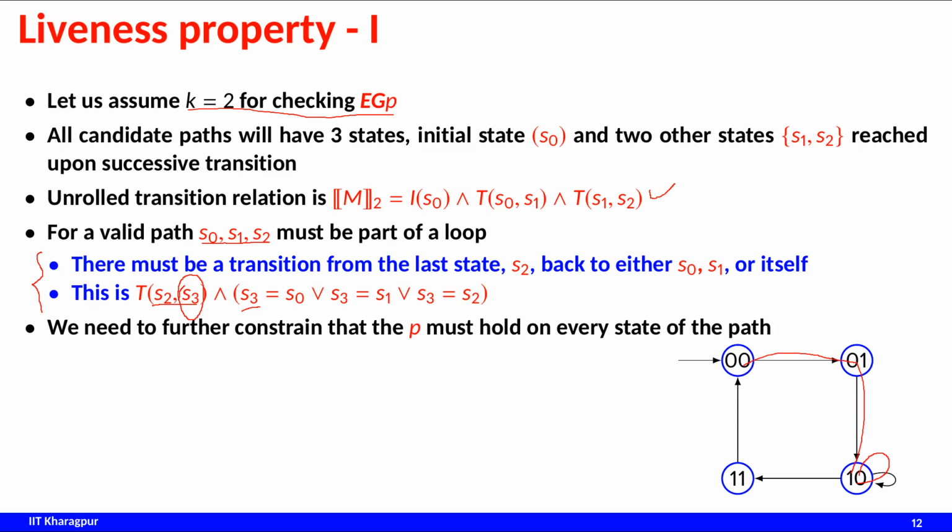We just need to check for a loop, and on that loop I need to ensure that P must hold on every state of the path, because if P does not hold, then we cannot claim the G part.